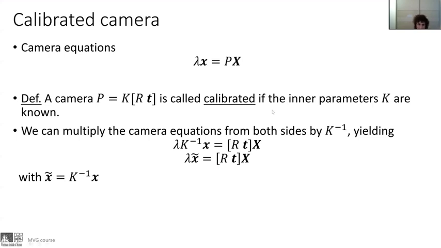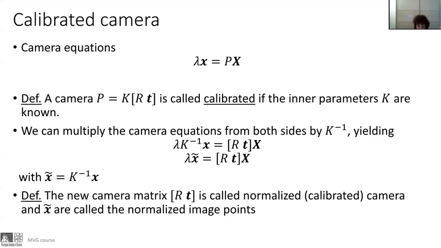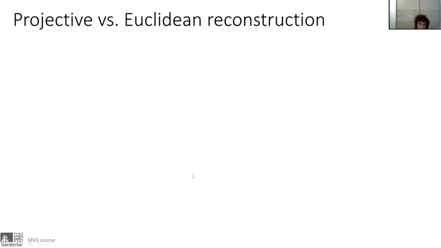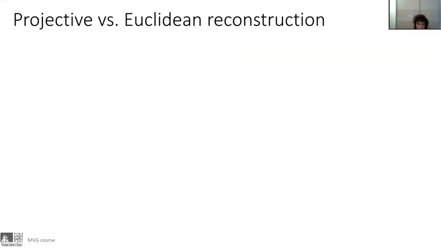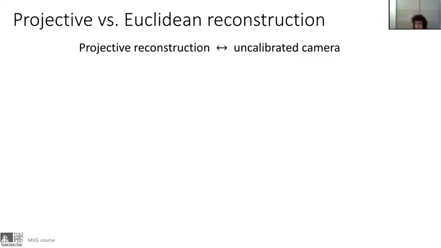So let's move on. As I said, the new camera [R T] is called a normalized or calibrated camera, and x tilde are called the normalized image points. This is not just a definition, this is very important. Why? Because when I'm going to make the reconstruction of the world, when I have an uncalibrated camera, I can have projective reconstruction.